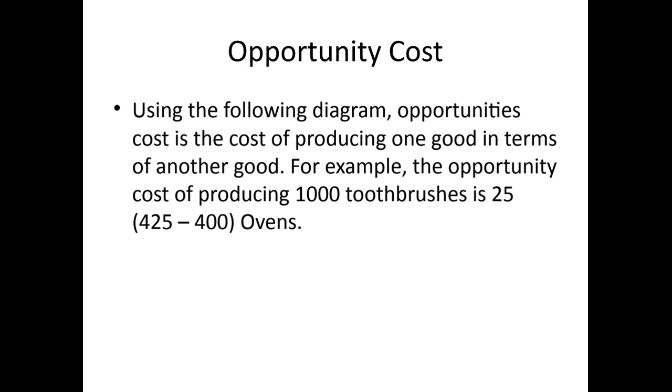I will show you the diagram first, and then I will calculate the opportunity cost of producing 100 toothbrushes, and the answer is 25 ovens. So let's first see this diagram.